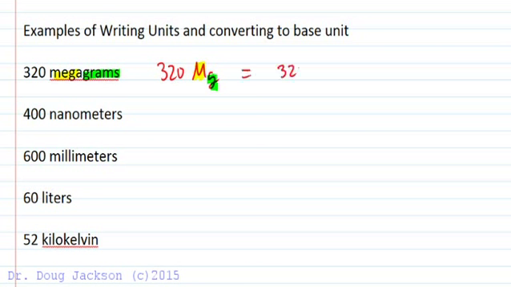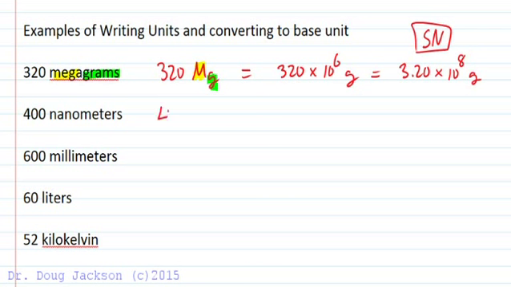It means the meaning of mega, we said, was multiply by 10 to the 6. In scientific notation, as you'll see later, and you can use this as extra practice. Okay, pause and practice if you want to with scientific notation. But when we move to the left, 1, 2, we have to add 2 more. Okay, so those things are equal to one another, and this last column is scientific notation.